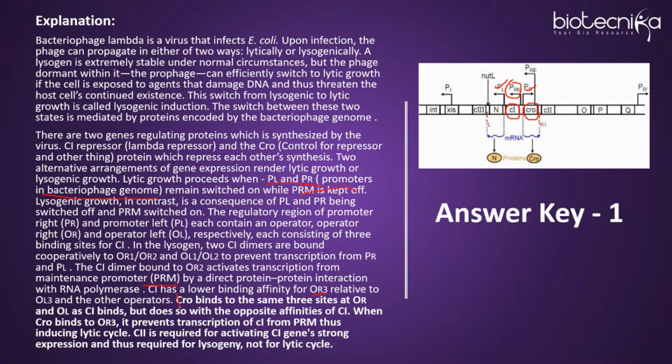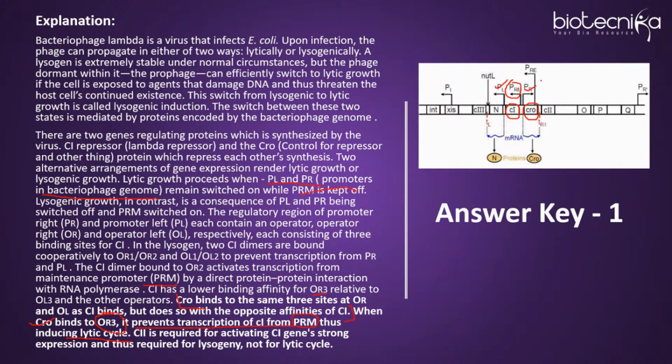CRO binds to the same three sites of OR and OL as C1 does, but with the opposite affinities to C1. So when the CRO protein binds to the OR3 region, it prevents the transcription of C1. If the transcription of C1 from PRM is prevented, this leads to the induction of the lytic cycle.